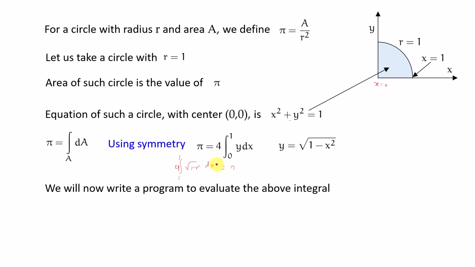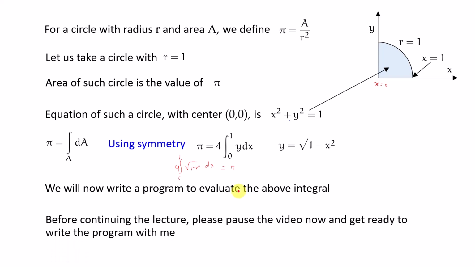So now what we'll do, we'll write a program to evaluate this integral, and you will see that it's a very simple calculation. A few lines of program will do the job. My suggestion to you is that you stop the video now and get ready for writing the program with your computers and compilers for whatever language you will be using.